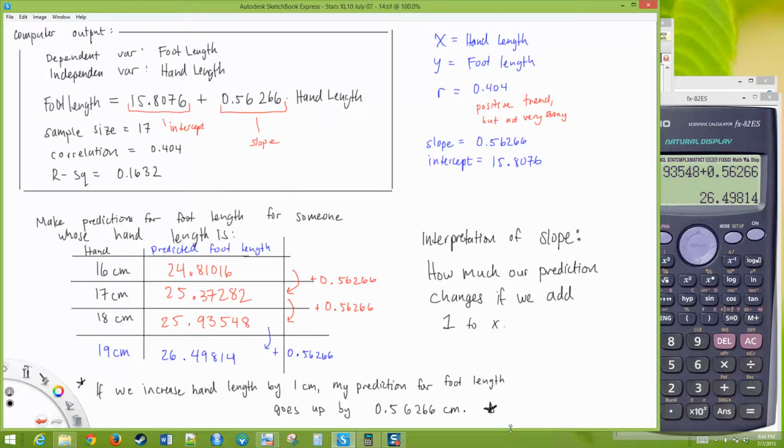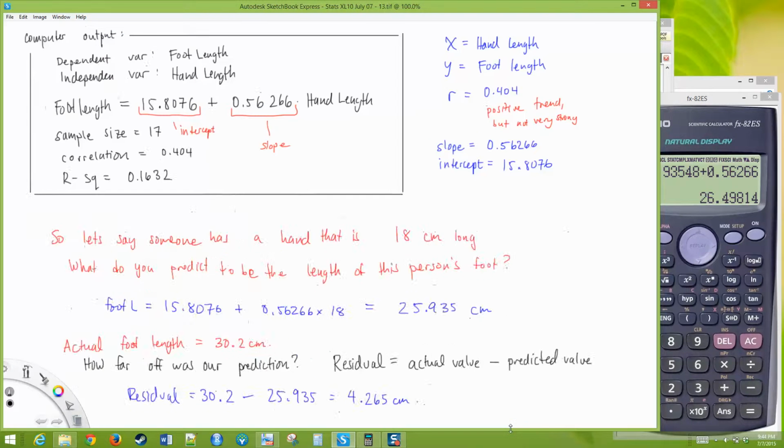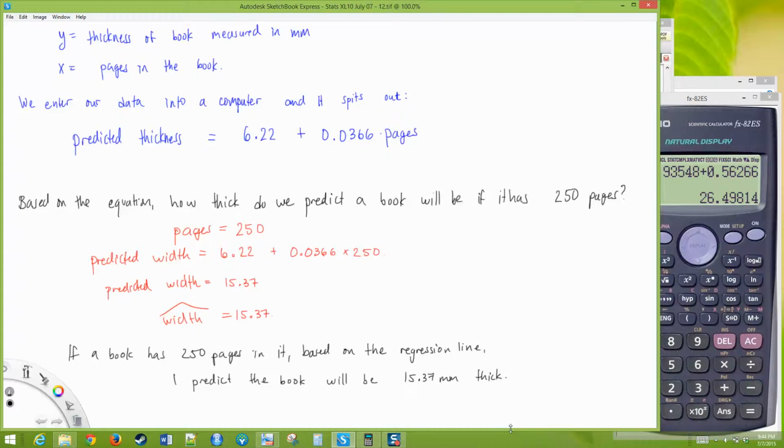So that is the slope. Let's just flip back a couple pages here. Okay, so over here, my slope is 0.0366. This is my slope, and this is thickness in centimeters.